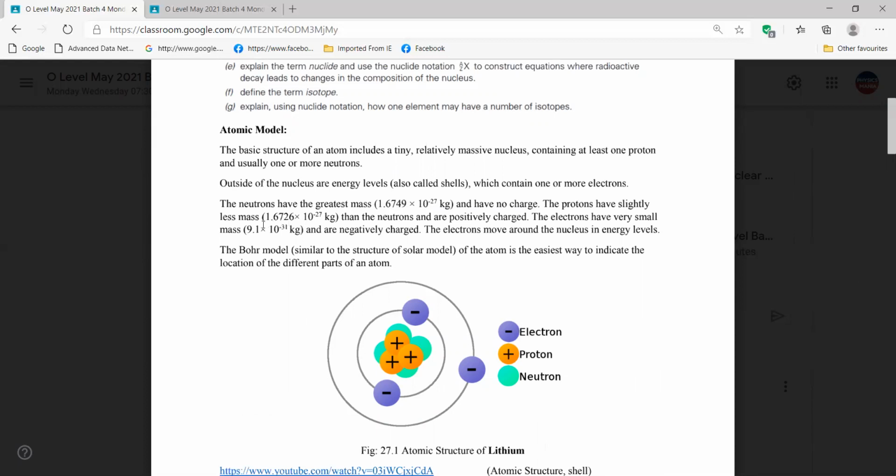Mass of proton is 1.6726. So there is a little bit of gap, right? Yes, sir. A gap of 0.0023.